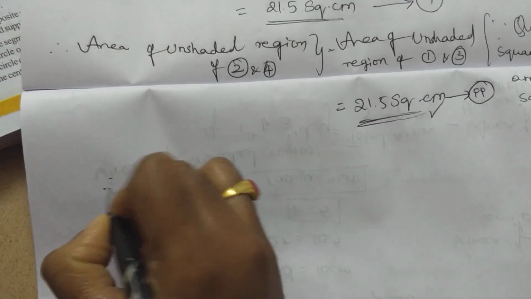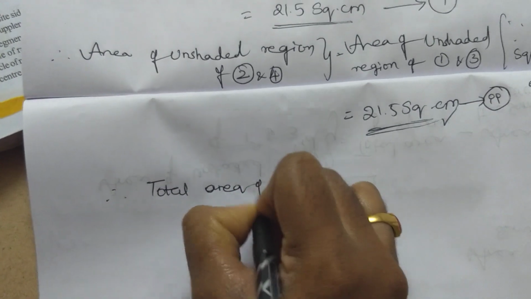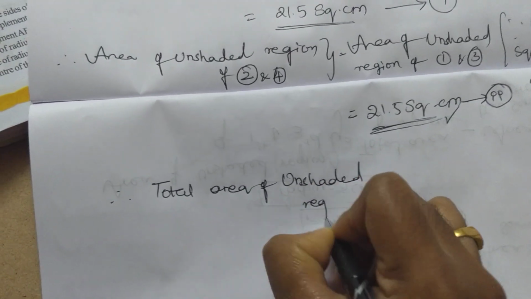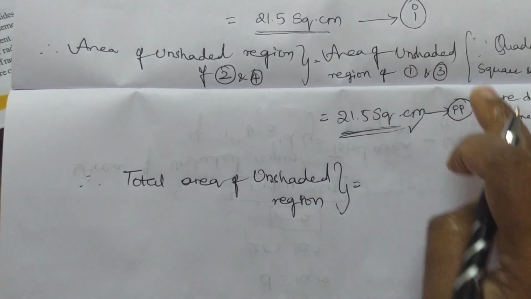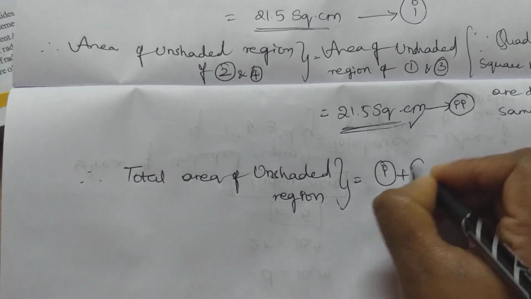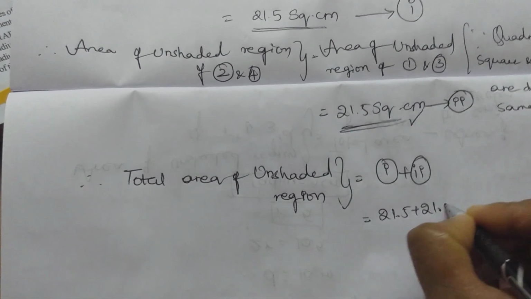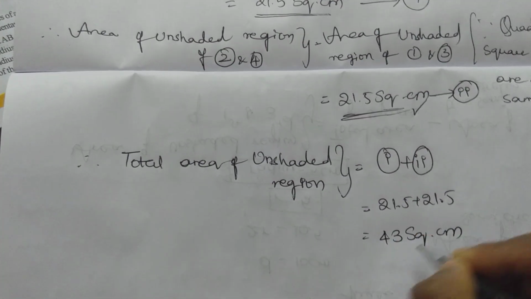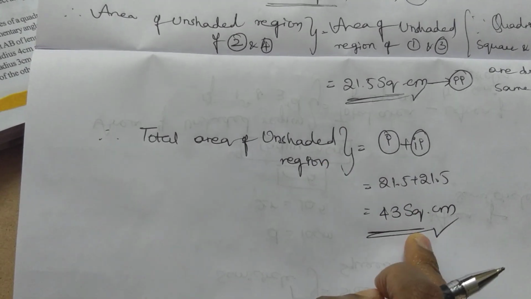So therefore total area of unshaded region equals to equation 1 plus equation 2. What do we get? We'll get it as 21.5 plus 21.5. That is equals to 43 square centimeters. Okay, you got the total area of unshaded region as 43.